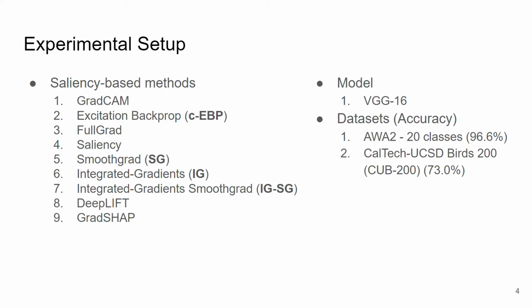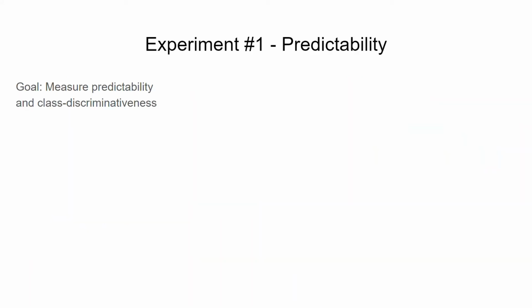We conducted the human subject experiments in the form of surveys. The goal of the first experiment was to measure the predictability and class discriminativeness of the explainability methods. To do this, we asked the human subjects to predict the ground truth class's saliency map when shown the saliency maps for the top 4 classes without the labels.